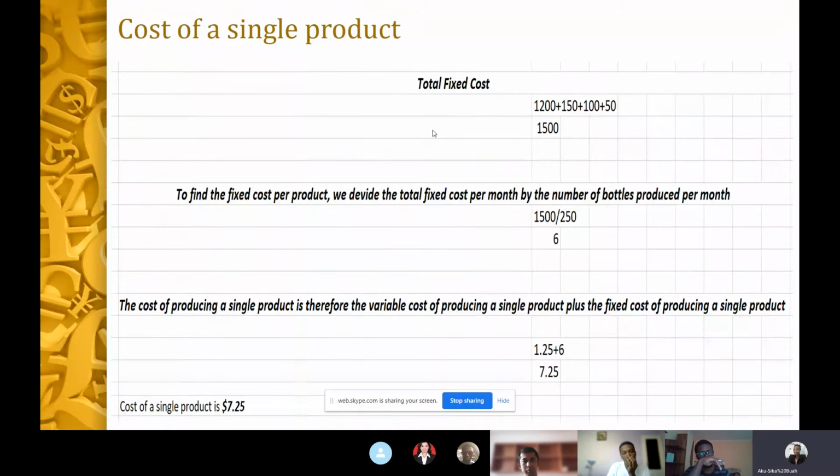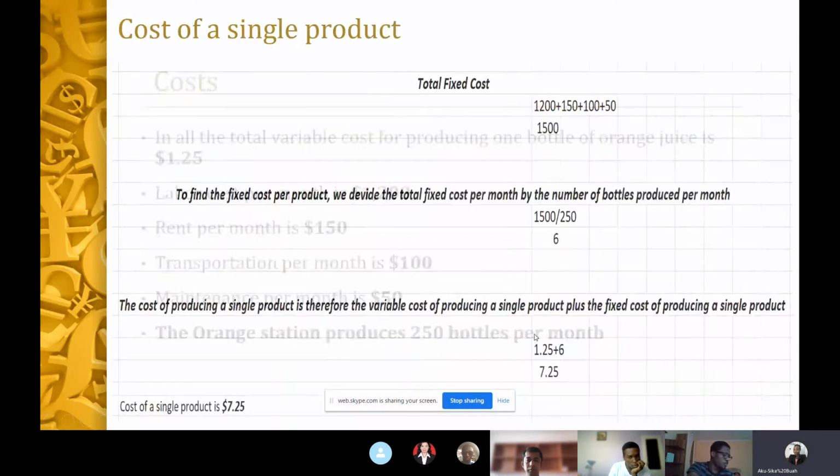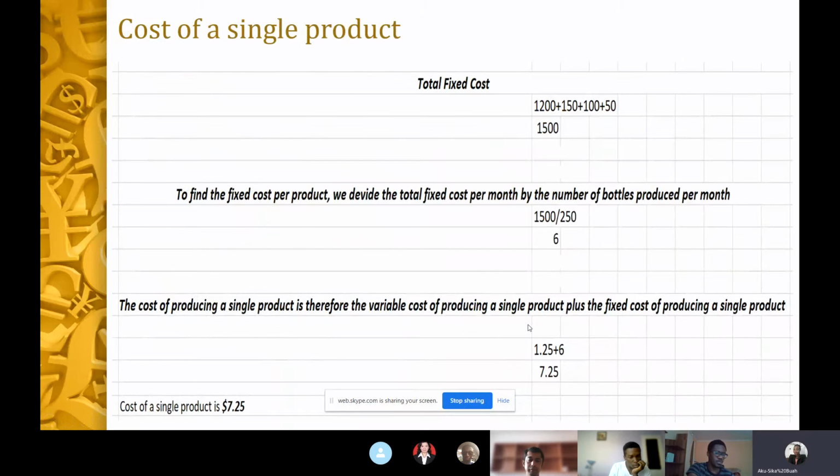As we saw in the previous slide, the orange station produces 250 bottles per month. So to find the fixed cost per product, we simply divide the total fixed cost per month by the total number of bottles produced per month. After calculating, she got 6, which is also $6.